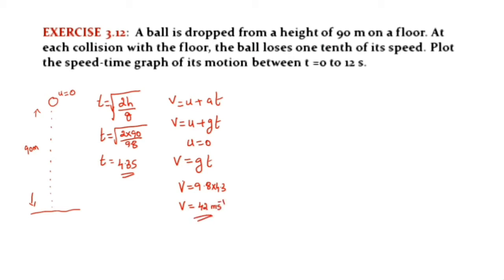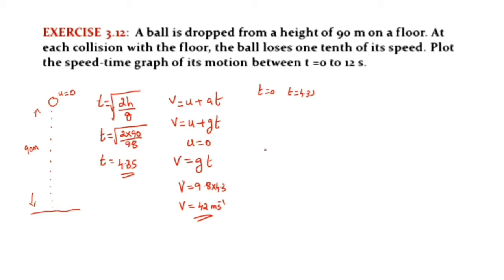Approximately 42 meter per second is the speed just before hitting the ground. Correct? So we can start from here. t is equal to 0. Starting from t is equal to 0 till t is equal to 4.3 seconds, it is now falling down, and finally the final velocity just before hitting the ground is 42 meter per second.